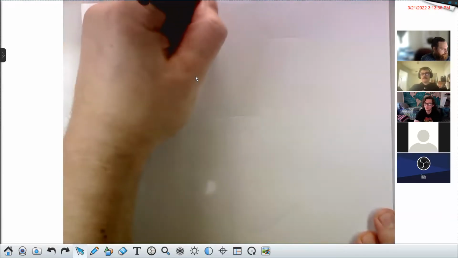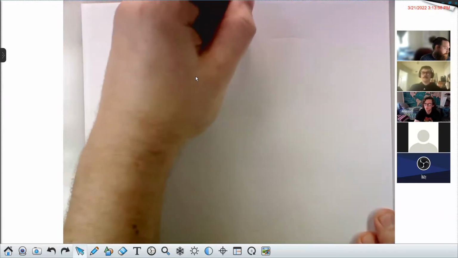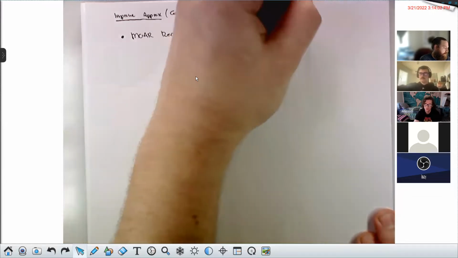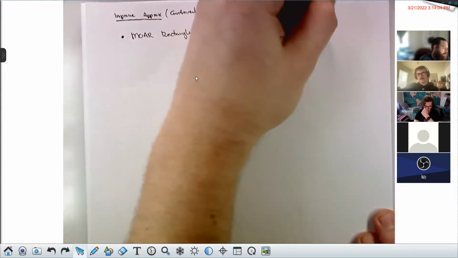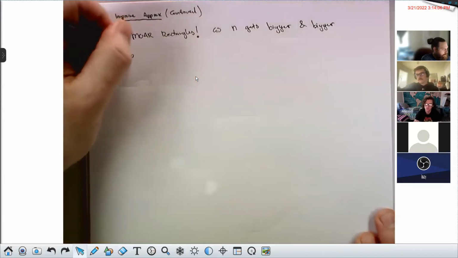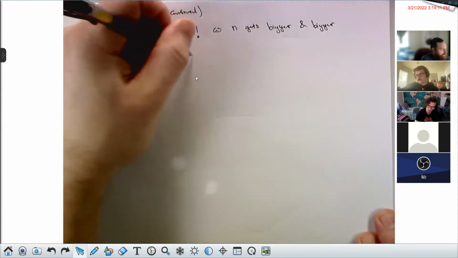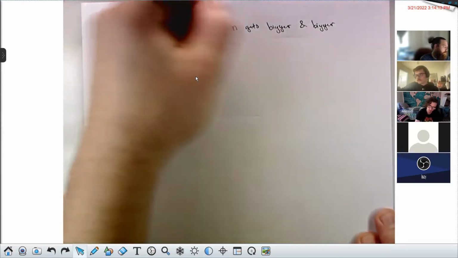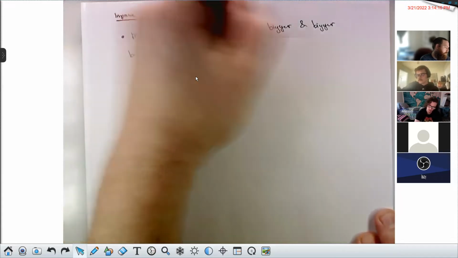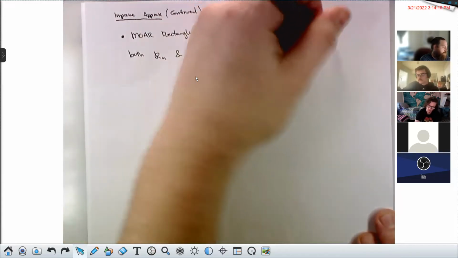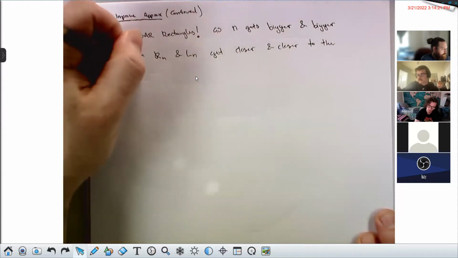So as n gets bigger and bigger, both R_n and L_n get closer and closer to the exact area.